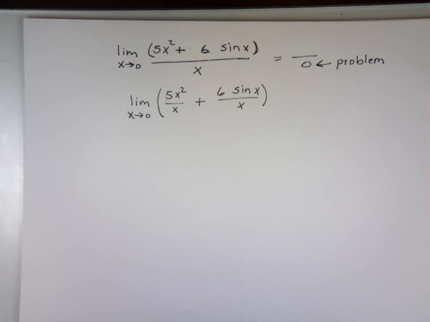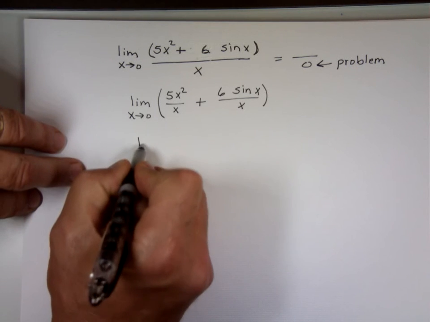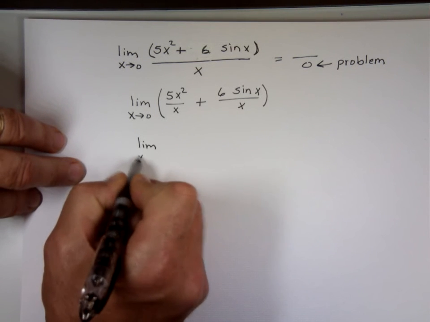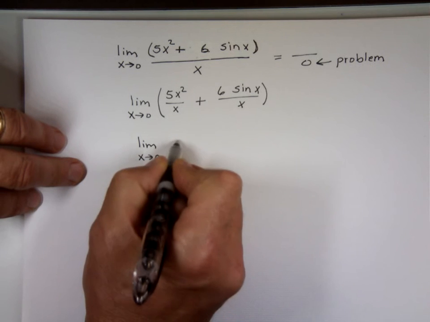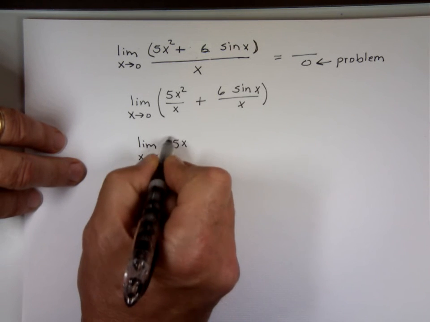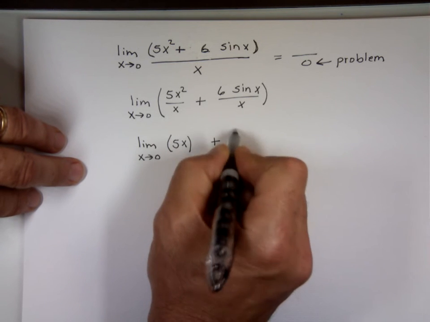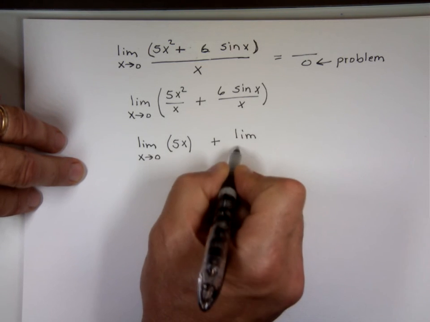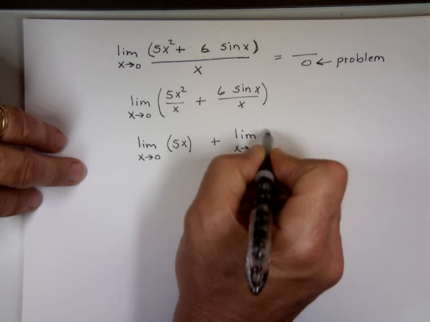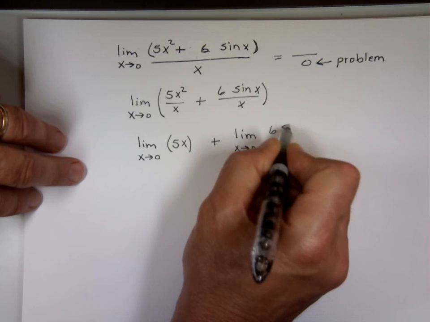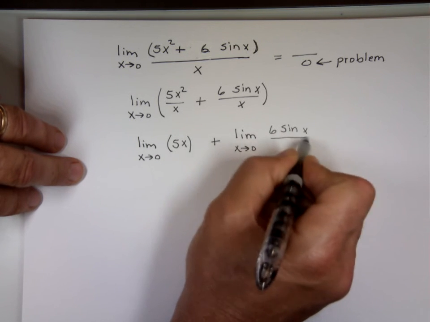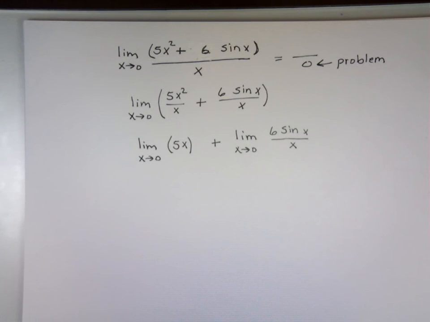This becomes the limit as x approaches 0 of 5x, because x squared over x becomes x, plus the limit as x approaches 0 of 6 sine of x over x. We know we can take that 6 and put it in the front.